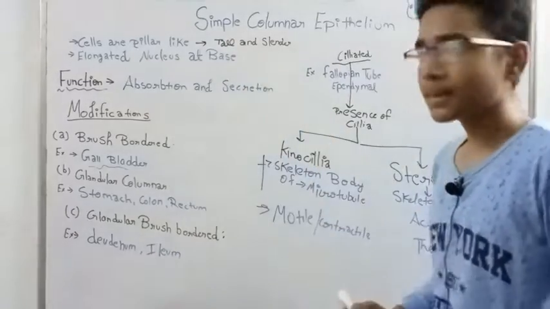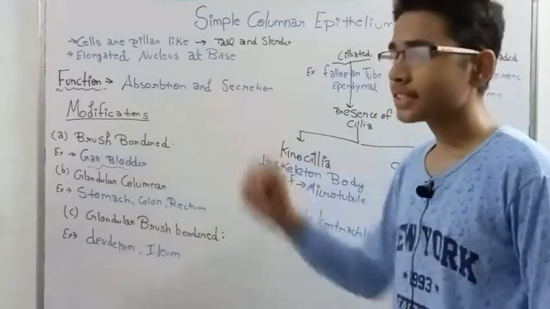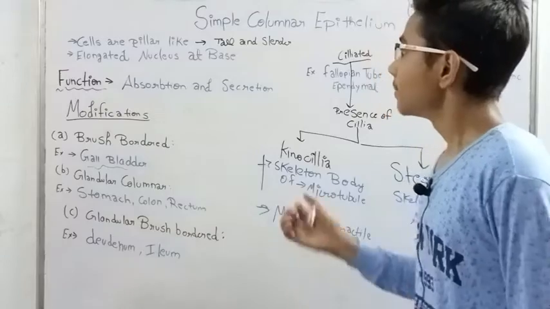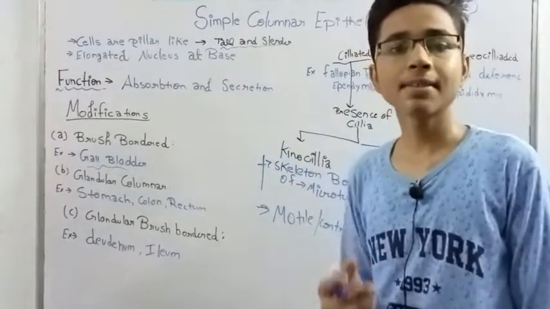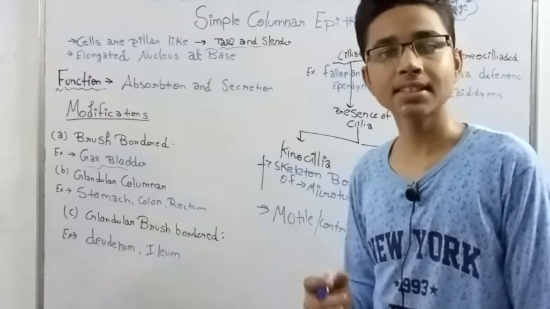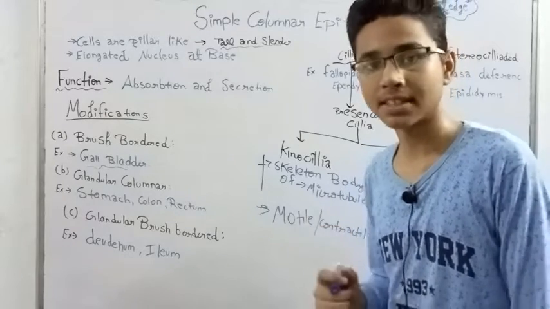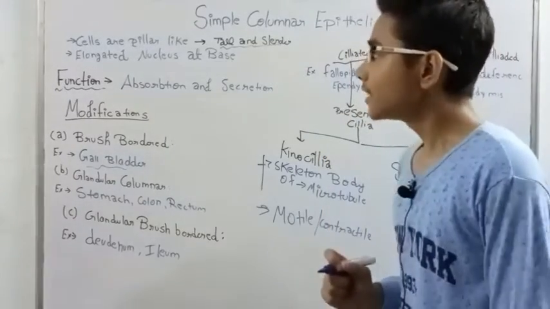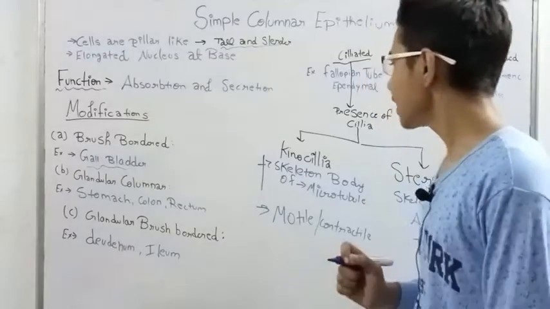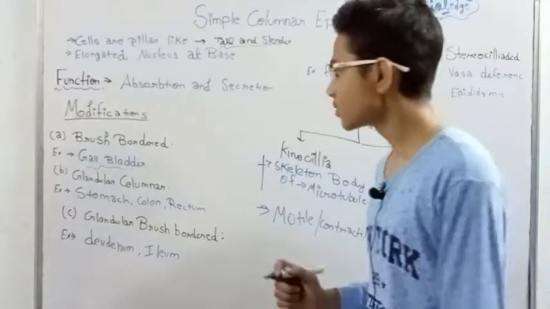So simple columnar epithelium, as we know, their cells are pillar-like, their body is tall and slender. Their cells are arranged in a way that they appear to be slender cells, and they are like pillars in view. Next thing is that they have an elongated nucleus located at the base. So we can draw an image of them.